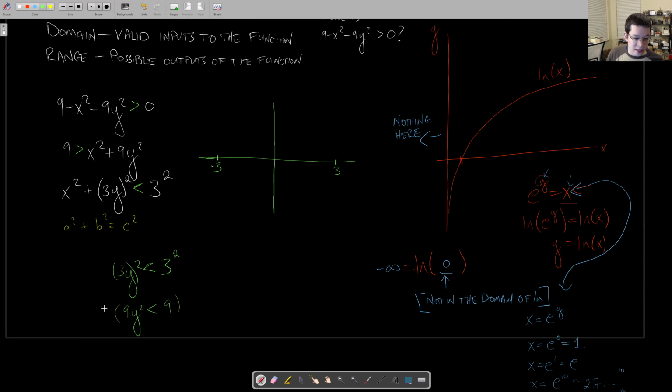We'll divide out the 9. y squared is less than 1. y is less than plus or minus 1. Negative 1 less than y less than 1. Negative 1 and 1. And so we have, do I have an ellipse tool? I don't have an ellipse tool, I don't think.